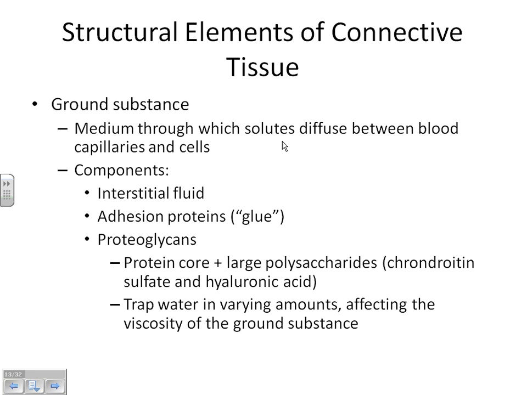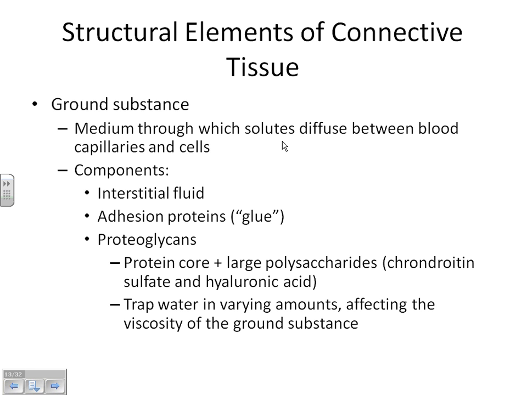Last time, right as we were leaving class, somebody asked me, is ground substance the same as matrix? Yeah, pretty much. If you like the word matrix better, use the word matrix. Okay, the ground substance is just the background stuff. Okay, the fibers and the cells are in the ground substance, in the matrix.